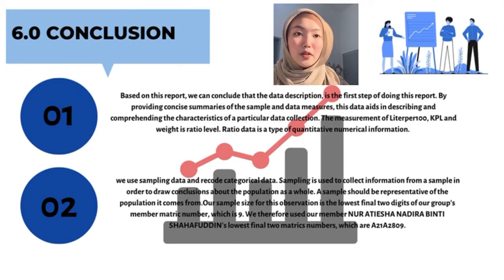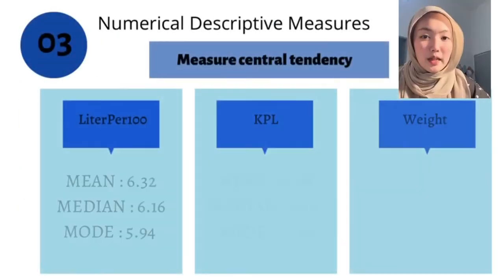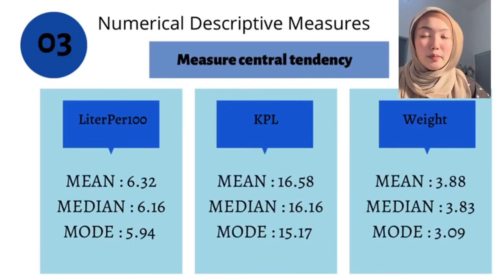Our sample size for this observation is the lowest final 2 digits of our group members' matric number, which is 9. We therefore use our member Nur Atisha Nadira binti Shahabuddin's lowest final 2 matric number, which is A21A2809. The next step is numerical descriptive measures. Firstly, we use measure of central tendency.